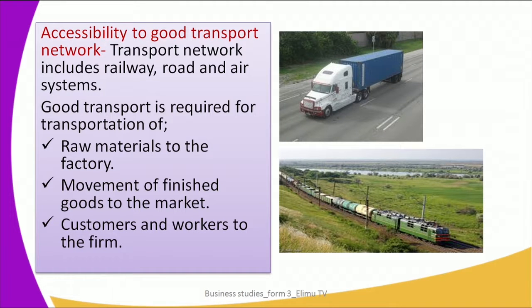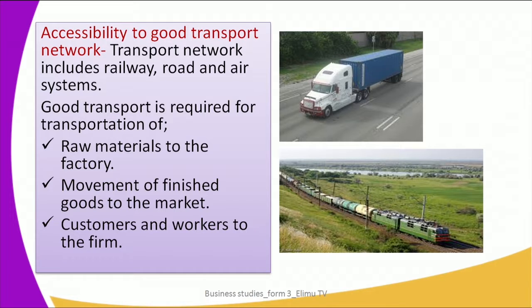The other factor is the accessibility to good transport networks. Transport network includes railway, road, and air systems. So we find that transport is very vital for a farm. Good transport is important for the transportation of raw materials to the factory.